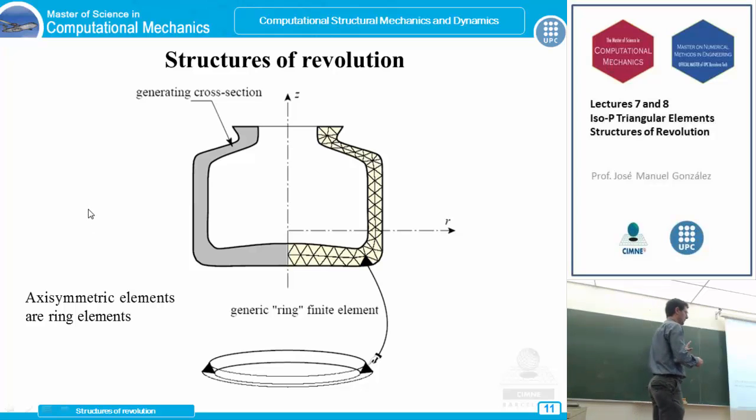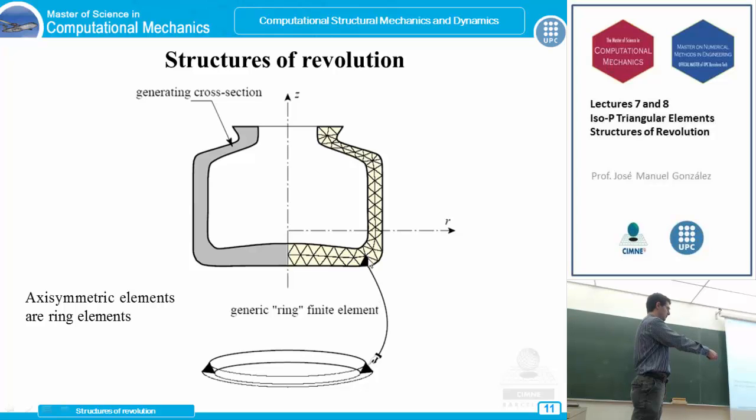So now this is for a continuum problem. We are now in the continuum space. We must remember that our real structure is a 3D structure with an axial symmetry. So this is our cross section. Now we are going to discretize our domain, and what we are going to do is to discretize only the cross section, and treat the problem as an axisymmetric problem using triangular elements or quadrilateral elements, which in fact represent what we call ring finite elements.